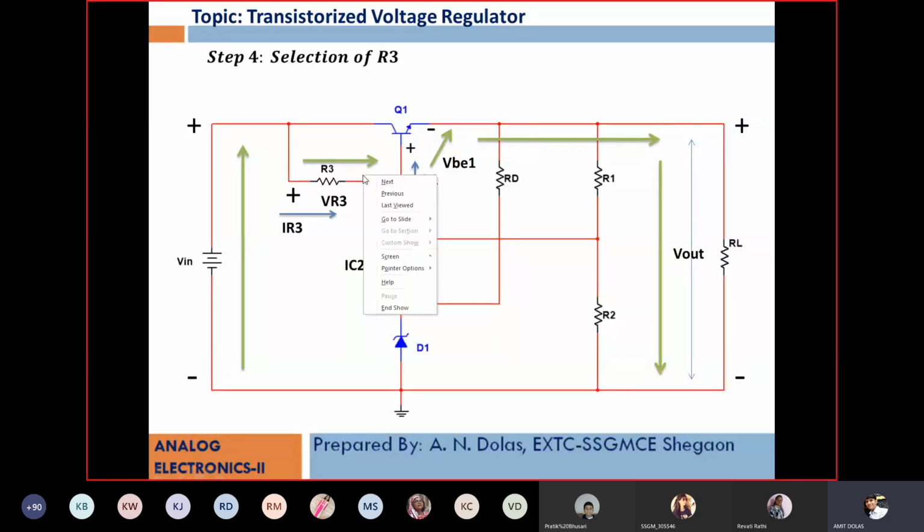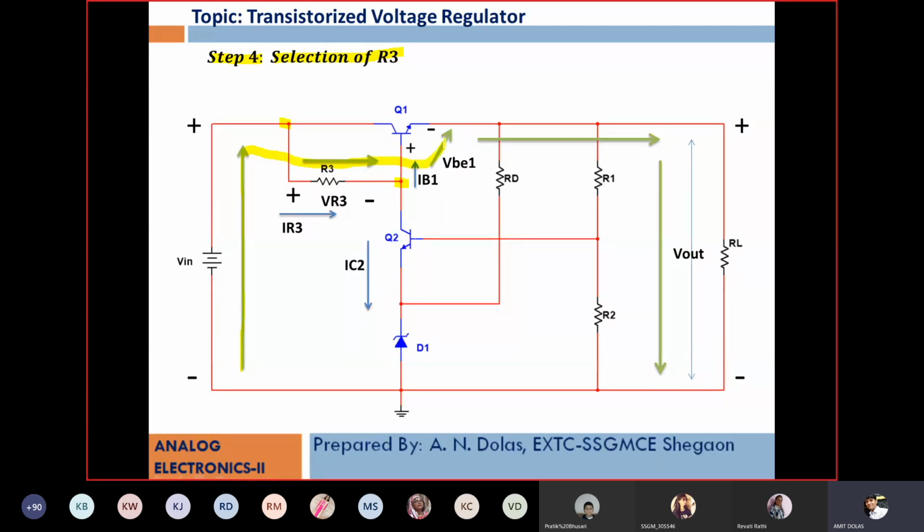Another step, step number 4, is selection of R3. See, R3 is connected across the input and output side, therefore there will be a big loop for applying KVL.